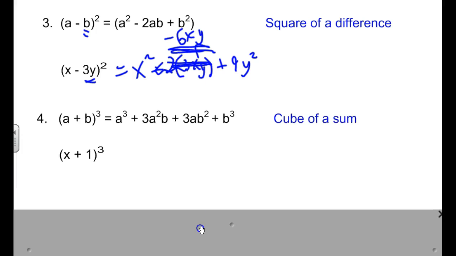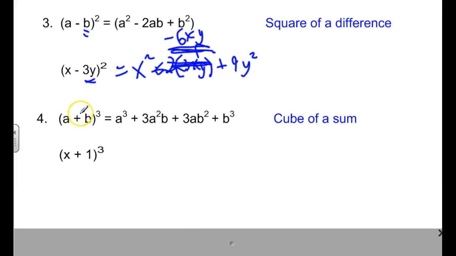And there's another one here. It's kind of neat. A plus B quantity cubed is that. So using the formula, this would be x cubed plus 3 times x squared times 1, plus 3 times x times 1 squared, plus 1 to the third, which is 1.